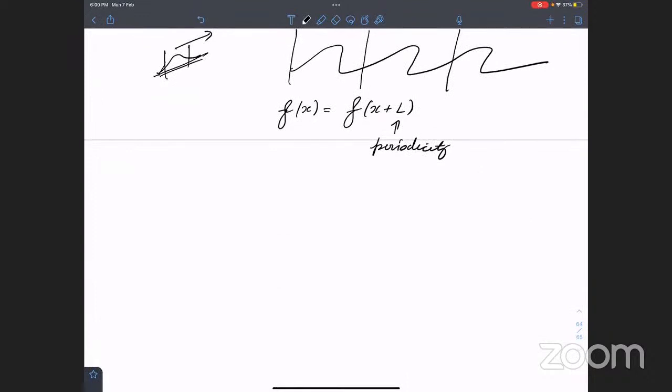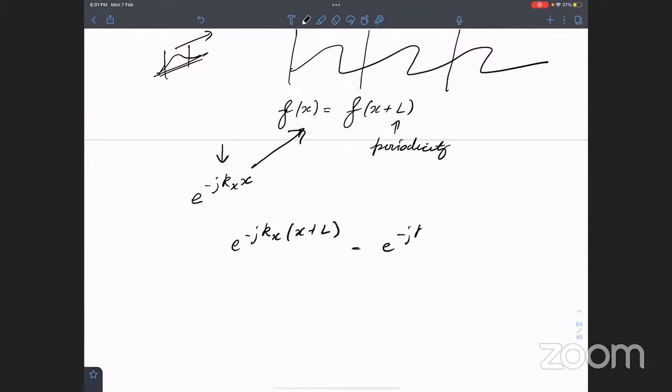If I say e to the power minus j kx x, if this function has to be periodic, then it has to satisfy this equation. That means e to the power minus j kx of (x plus L) must be equal to e to the power minus j kx of x.